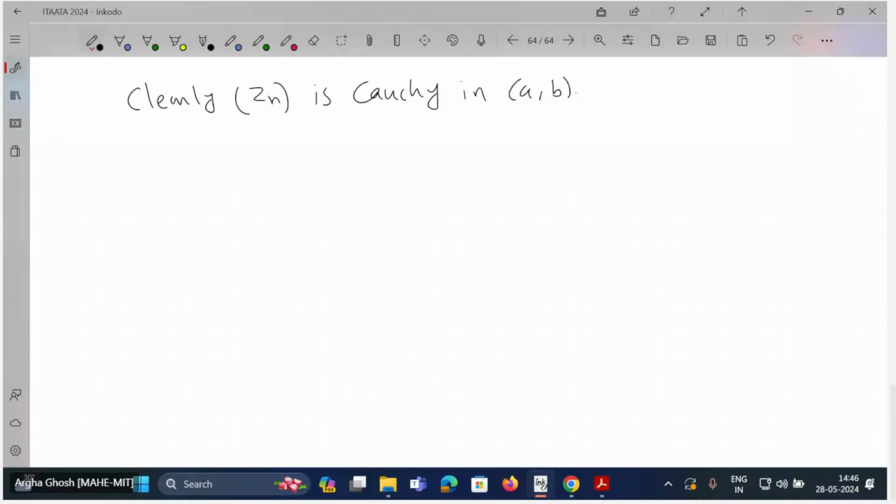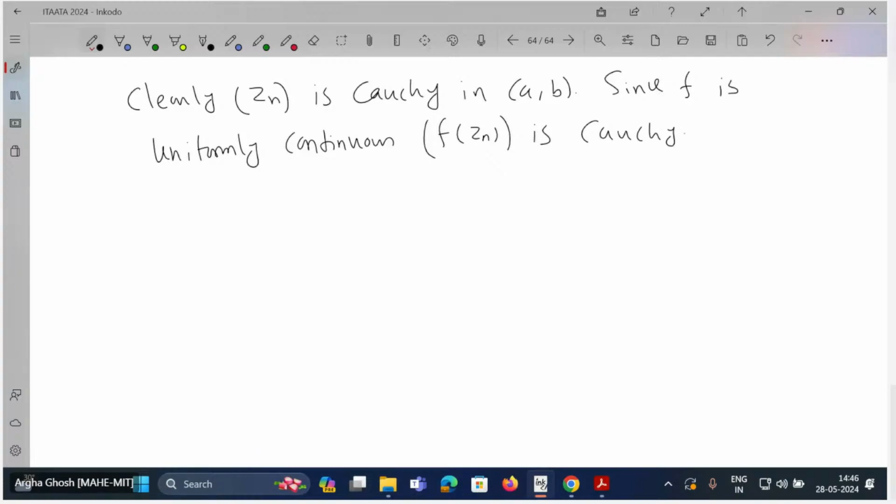Since f is uniformly continuous, f of zn is Cauchy.